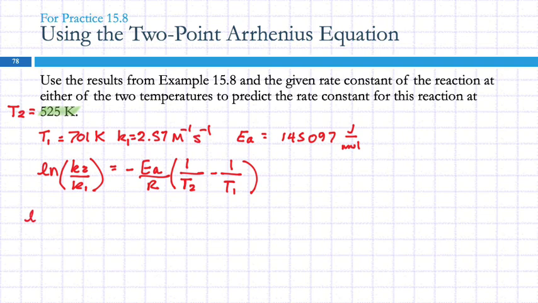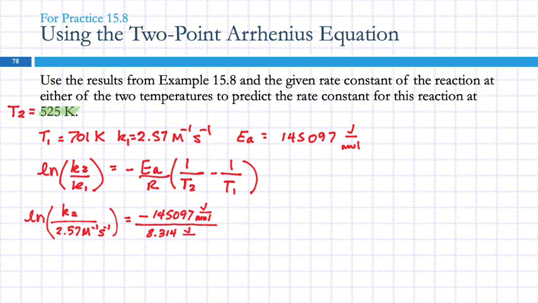Okay, so we'll plug that in. Natural log of K2, what we're trying to find, divided by K1, which we know, is equal to negative, don't forget the negative, 1.45097 joules per mole. That was our answer from the previous problem.